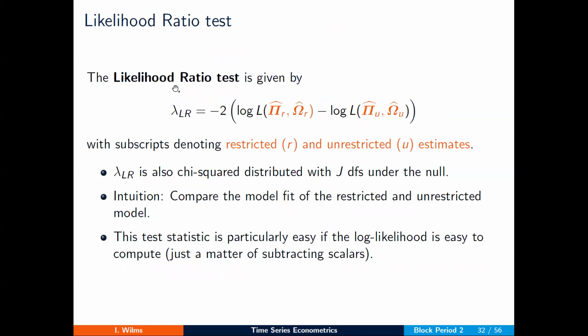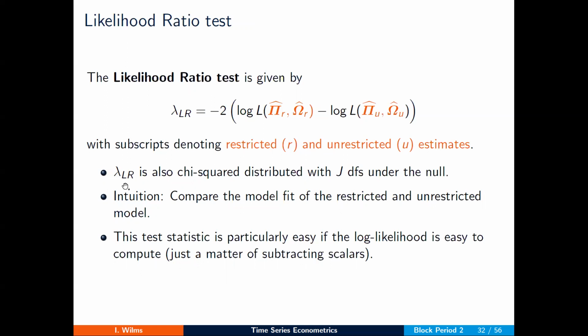Lastly, we have the likelihood ratio test, which looks at the difference in the log likelihood between the restricted and the unrestricted parameter estimates. So both pop up under this definition.